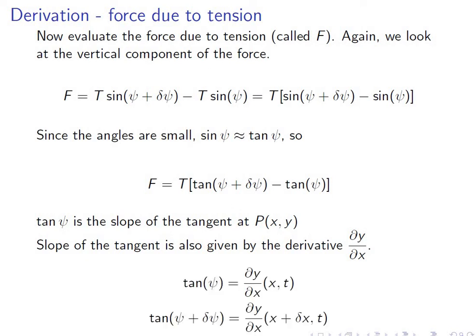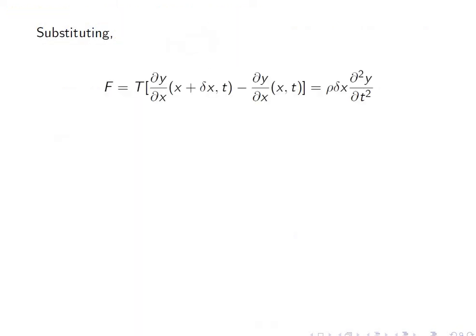So tan ψ is ∂y/∂x evaluated at (x,t). Tan of (ψ + Δψ) is ∂y/∂x evaluated at (x + Δx, t). Substitute those, then the force is T times (∂y/∂x at (x + Δx, t) minus ∂y/∂x evaluated at (x,t)).